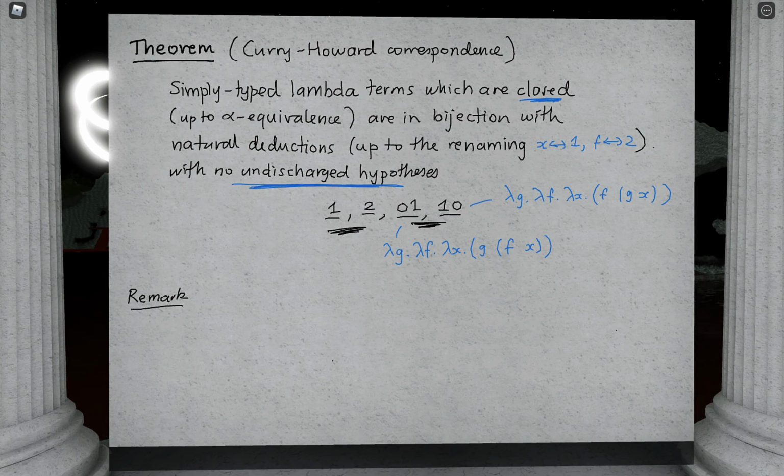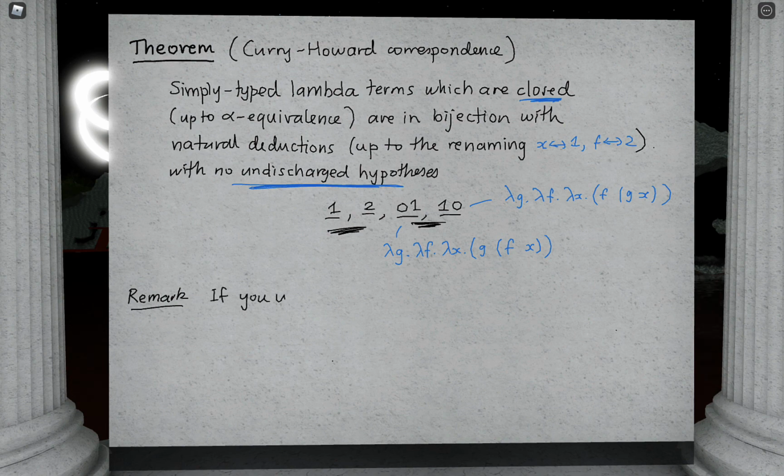That's the statement. If you want to have lambda terms which do not close, that is, they have free variables in them, to correspond to deductions which have undischarged hypotheses, well, clearly then you're going to have to do something like give names to hypotheses before they get used.